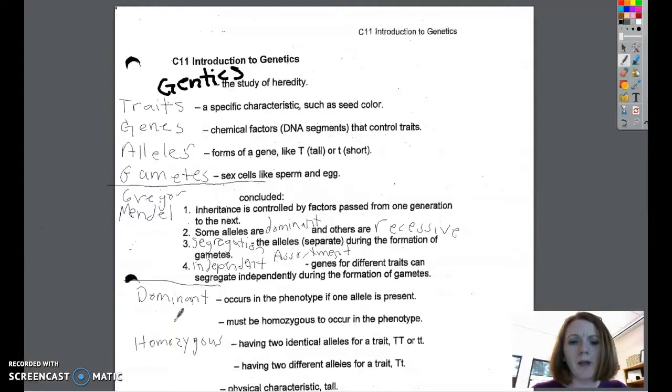It's actually more complicated than that, but we're just going to go with it. So if I have two capital letters, it's homozygous. If I have two little letters, then it is homozygous. But in order for the little letters to show up, there has to be two of them. If there's a capital one, the capital one's going to dominate over the little one, and that is not going to show up. So down here, I'm going to write recessive.